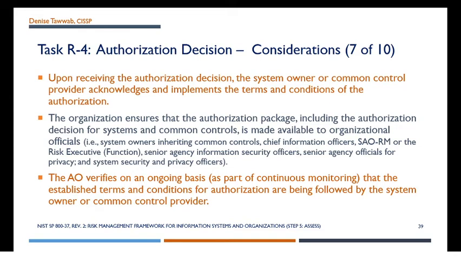And that could be system owners inheriting common controls, the chief information officers, the risk executive function, security officers, whoever it's decided is on the distribution list. The authorizing official verifies on an ongoing basis, as part of continuous monitoring, that the established terms and conditions for authorization are being followed by the system owner or by the common control provider.